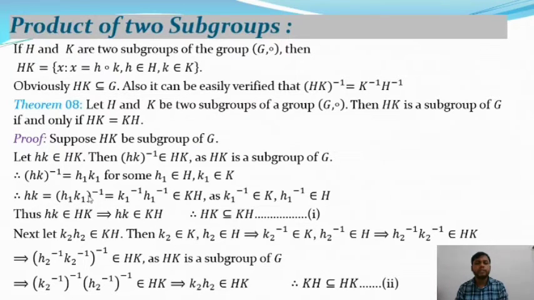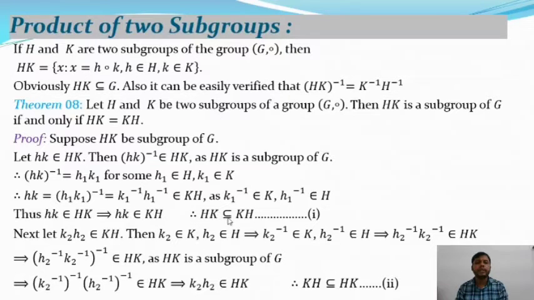By the property of the inverse, (h1 k1) inverse is equal to k1 inverse times h1 inverse. So it also belongs to KH, where k1 inverse belongs to K and h1 inverse belongs to H. Thus hk belongs to HK implies hk belongs to KH.